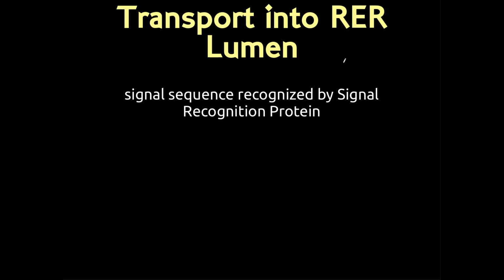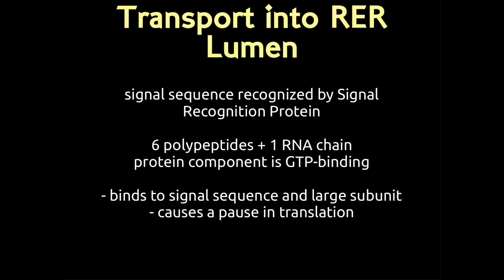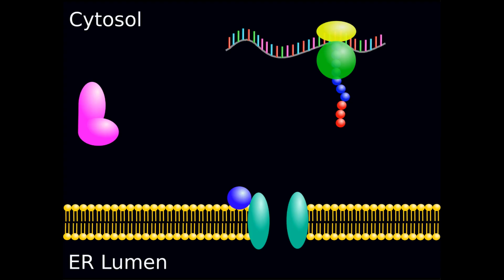The first thing that happens is that the signal sequence is recognized by another protein called the signal recognition particle. It has six polypeptides and one RNA chain, and a protein component that is GTP binding. This is going to bind to the signal sequence and the large subunit of the ribosome, and this is going to cause translation to pause where it is.